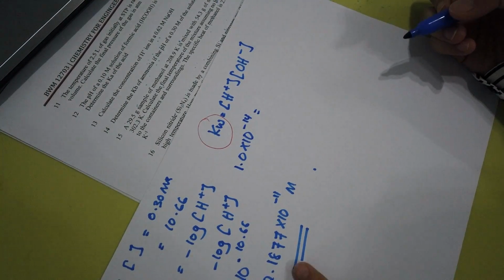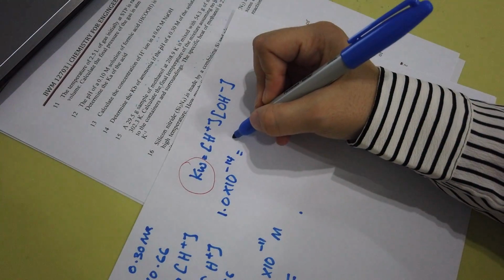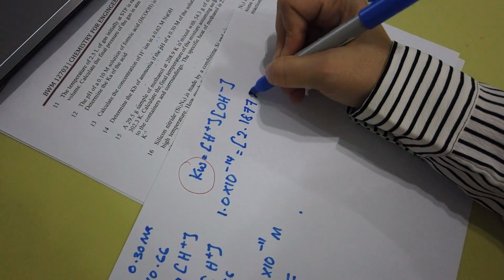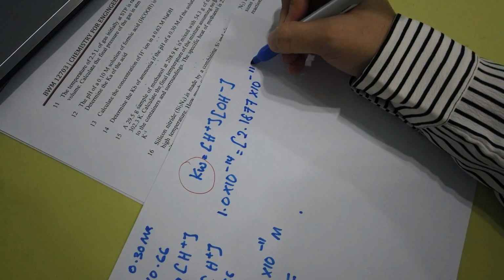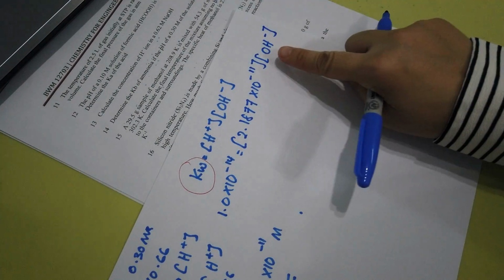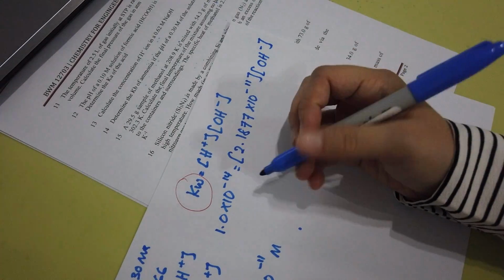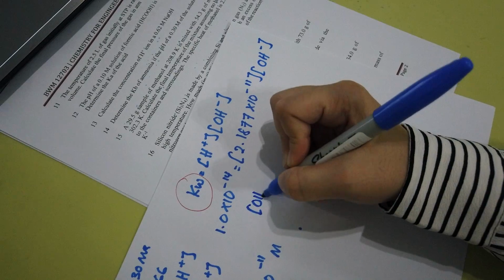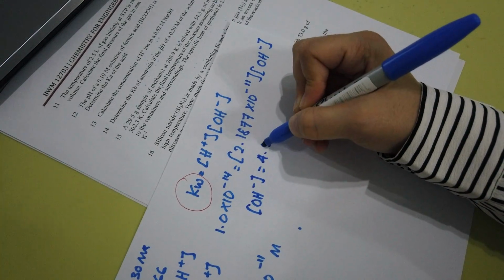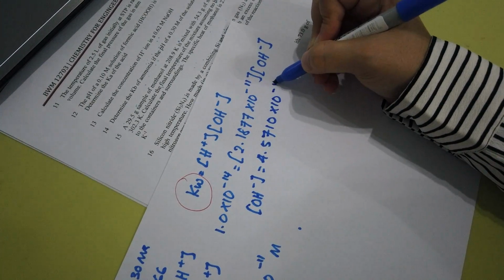So since you already know the concentration of H plus here, you just plug in this value, 2.1877 times 10 to the power of negative 11, times the concentration of OH minus. So you can easily get this OH minus. So from the calculation, you should get 4.5710 times 10 to the power of negative 4 molar.